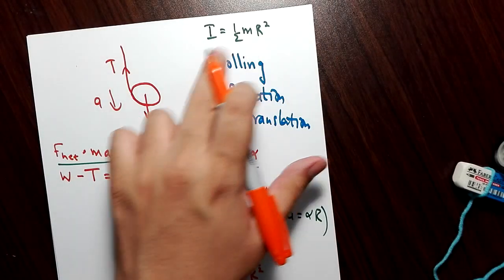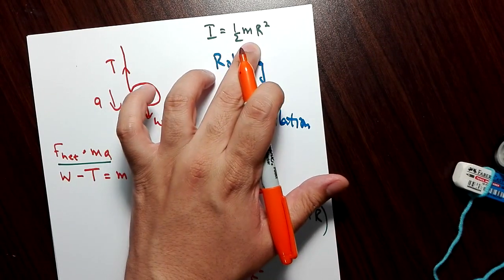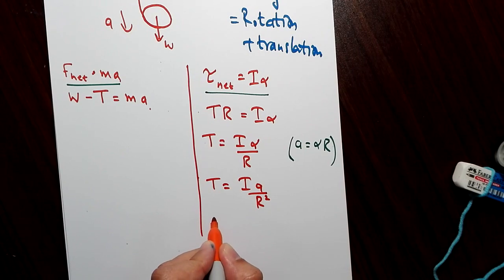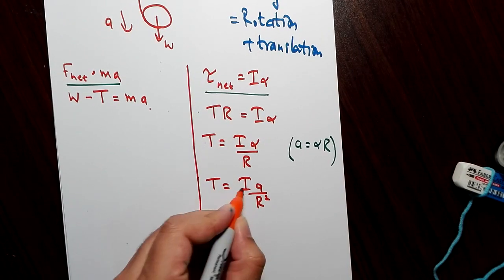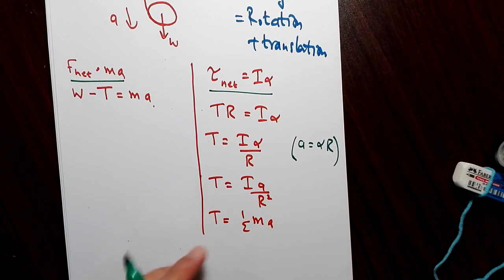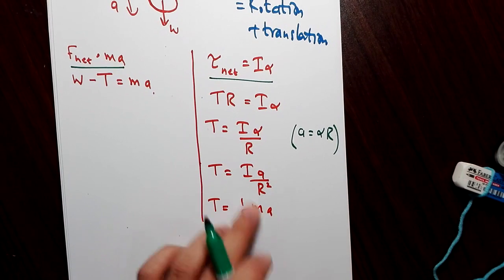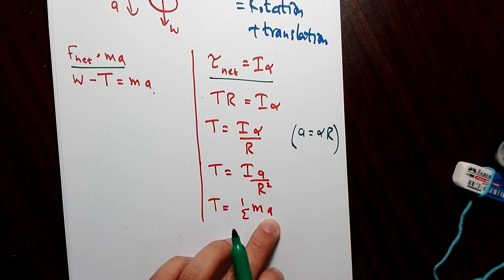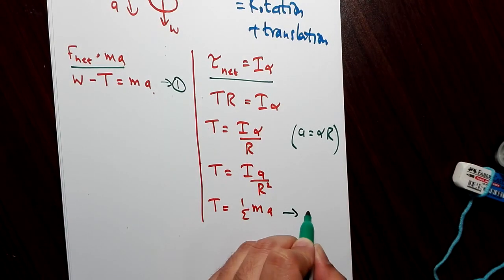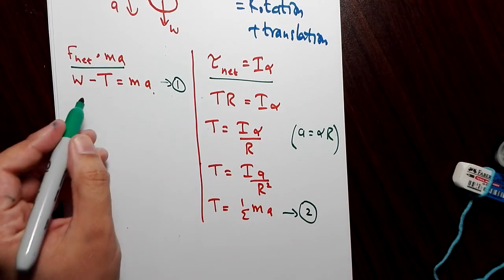You can see that I over R squared is just half of M. So we actually get an expression for tension, which is just half of mass times acceleration for the pulley. Let's call this equation 1, this equation 2.